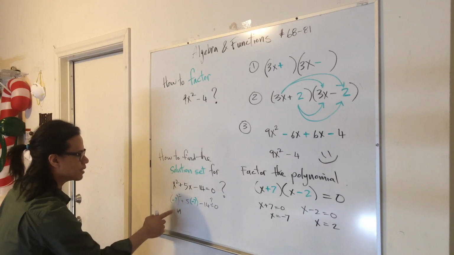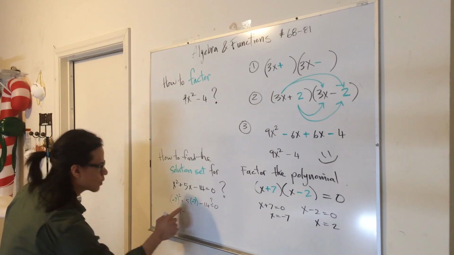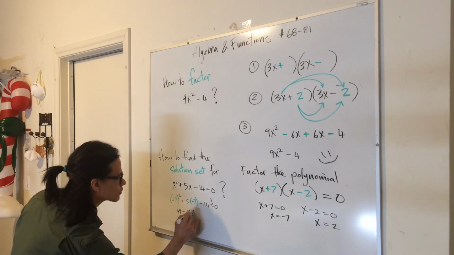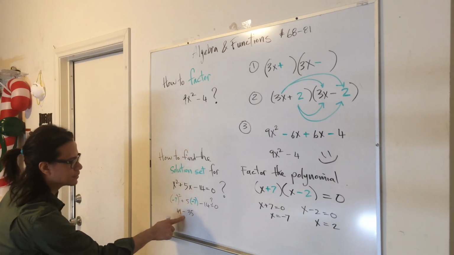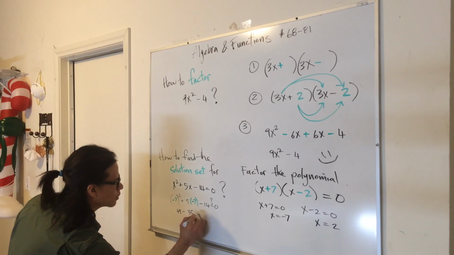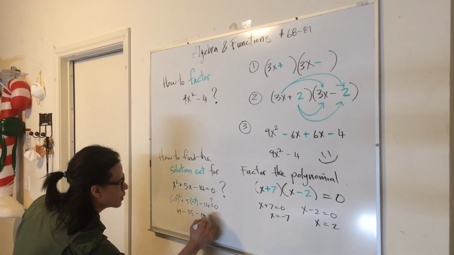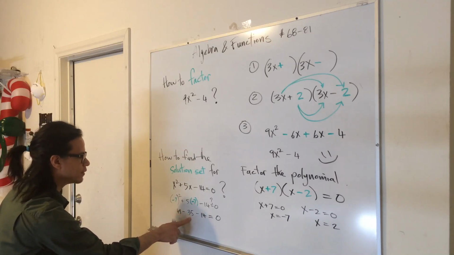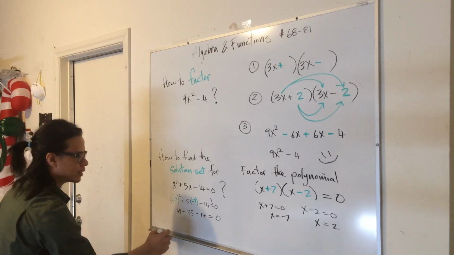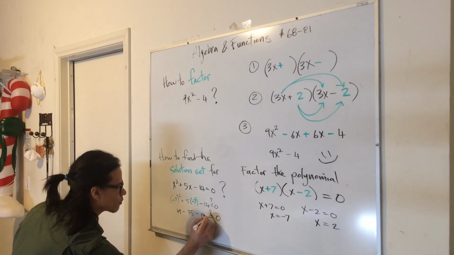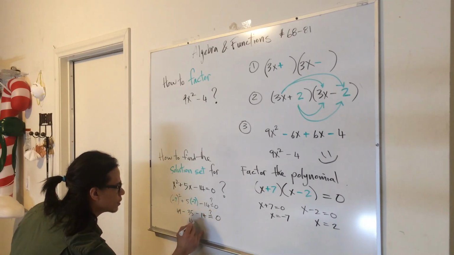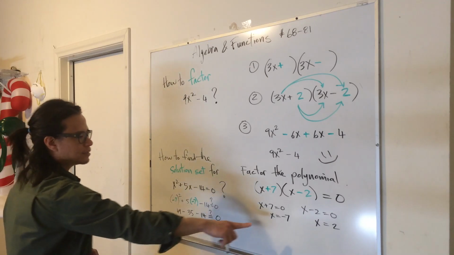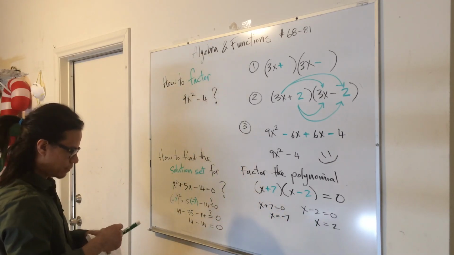Negative times negative is positive. Okay, so watch this. 5 times 7 is 35. Positive times negative is negative. Minus 14. Does it equal 0? Okay, 49 minus 35 is 14. So 14 minus 14, yay, it does equal 0. So this is the correct answer there, negative 7.